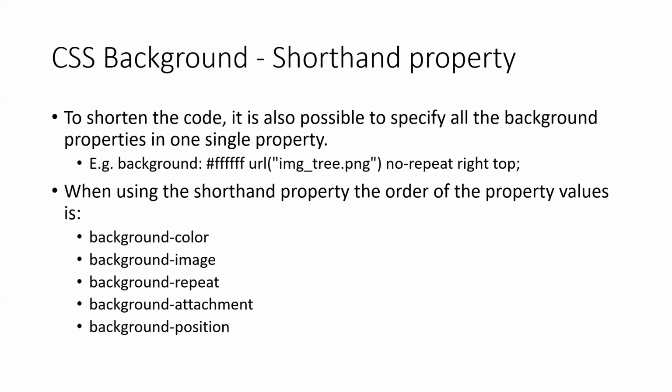So, for example, previously I put everything as separate, but you can actually combine them. So you can notice here, when you want to specify the color of the background, the image, whether to repeat, right? And also the position that you want to specify, you can put everything in one single line like this.